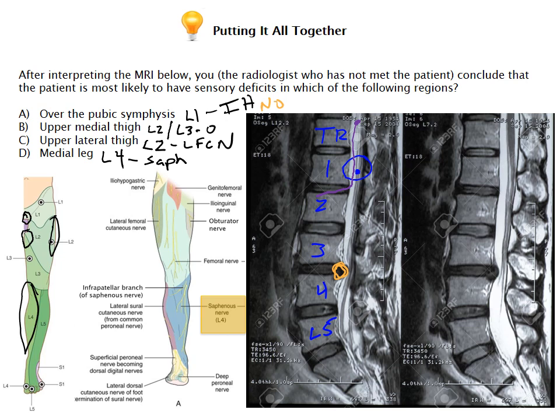The upper medial thigh, L2, L3. Well, let's do this again. And the L2, L3 is probably coming off just below that L1. So we'll call this L2. This is L3. And these are coming down, and once again, exiting out right here or exiting out right here.